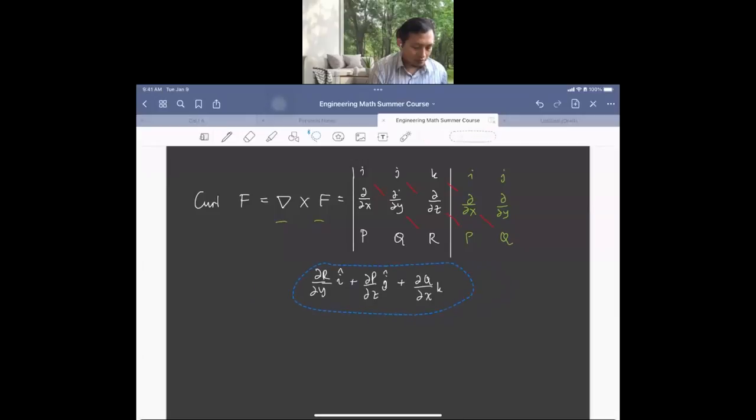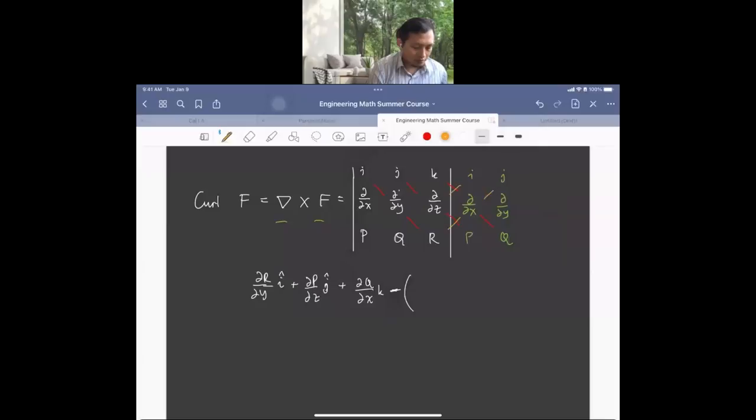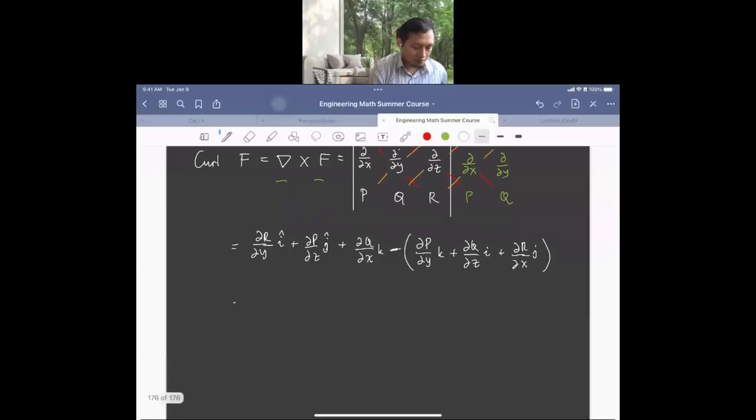That is the first part, and then minus the other part: dou P dou y k, plus dou Q dou z i, plus dou R dou x j. Just to show you that this can also work.